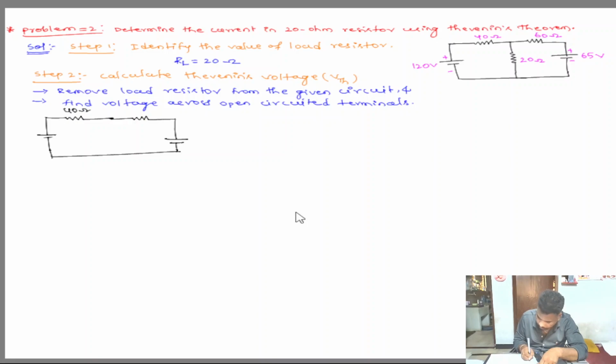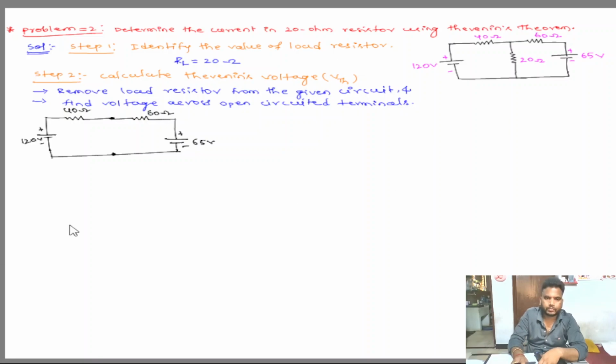This is 40 ohm, 60 ohm, 65 volts and 120 volts, and these are the 2 points in between which we are finding Thevenin's voltage.